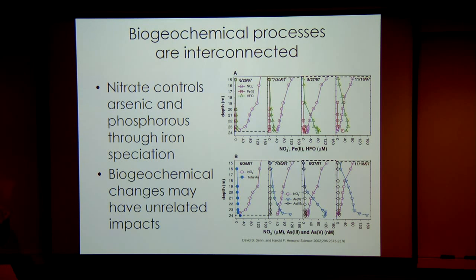And in fact, arsenic speciation and mobilization is determined by the amount of nitrate in the water column, because nitrate oxidizes iron. So we have the connection between the iron cycle, the nitrogen cycle, and this impacting both arsenic and phosphorus through the microorganisms that are mediating it. So there are all these interconnections that we have to be aware of in order to understand how changes to one part of this food web are going to impact the rest of it.